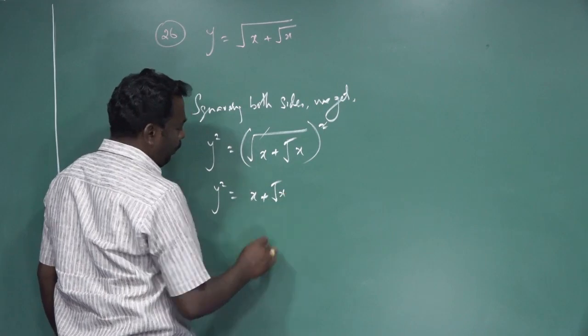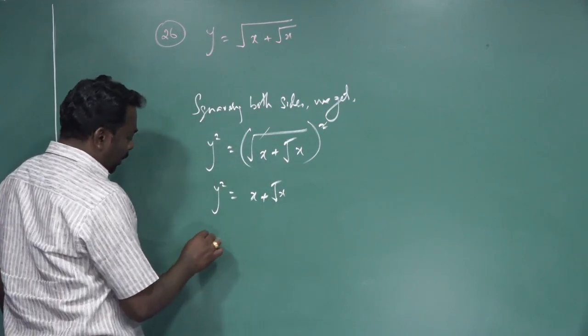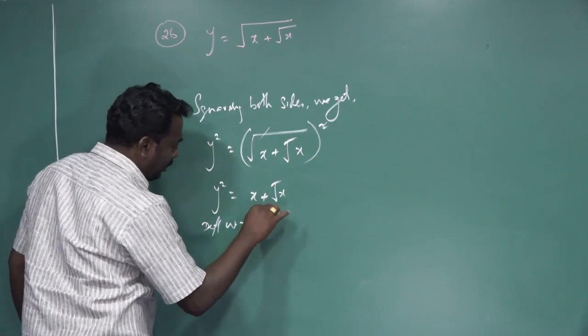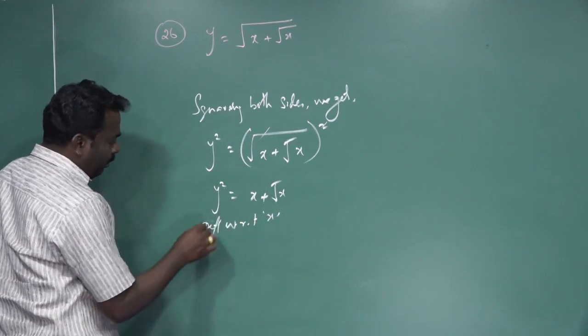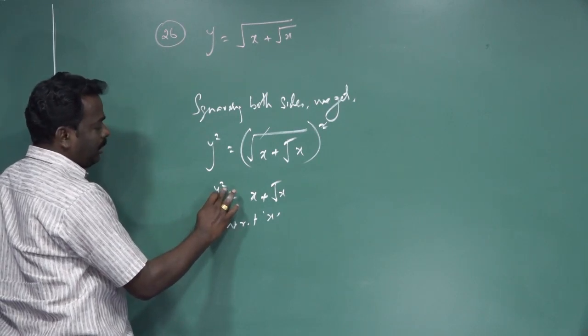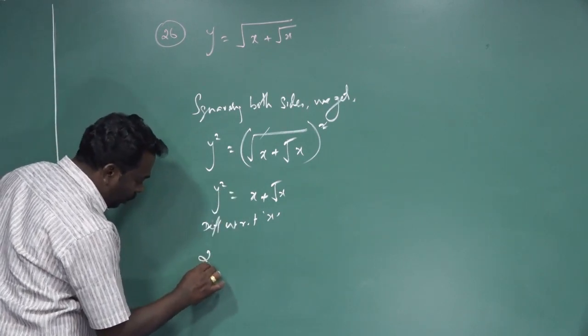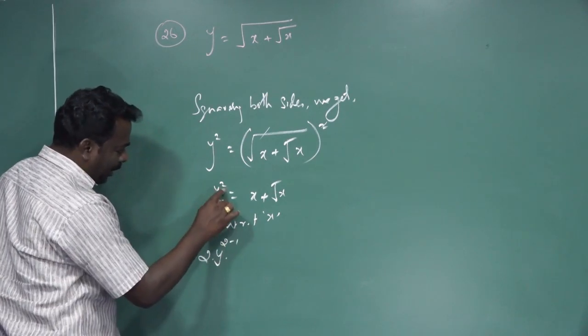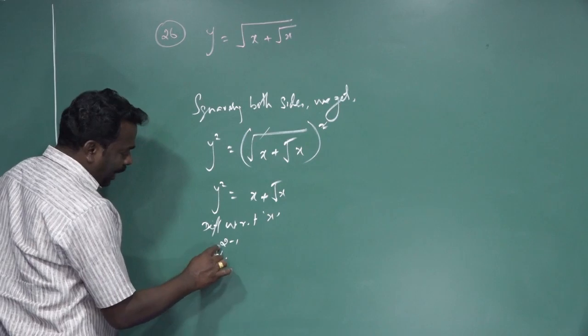Now differentiate this equation with respect to x. Therefore y square becomes x power n form, x equal to y, n equal to 2. Therefore 2 into y power 2 minus 1, since d by dx of x power n equals n into x power n minus 1.